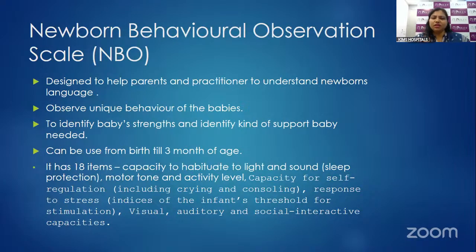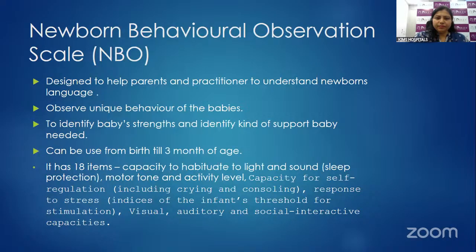It can be used from birth till 3 months of age, and it has 18 items. It includes self-regulation, response to stress, visual, auditory and social interaction capacity, habituation to light and sound, motor pattern and activity level.